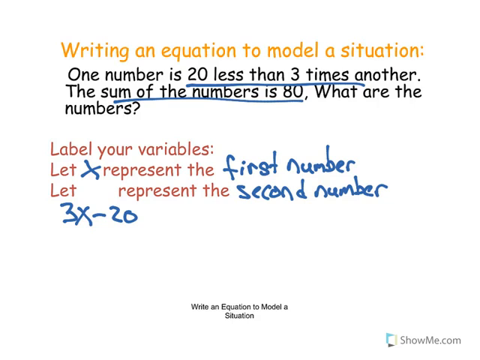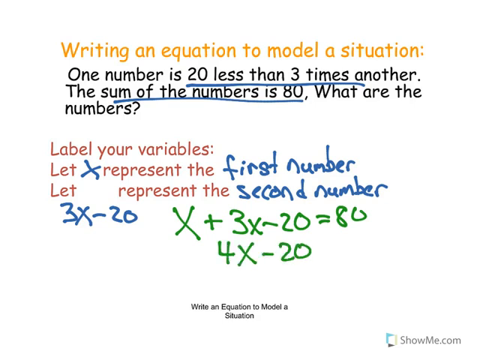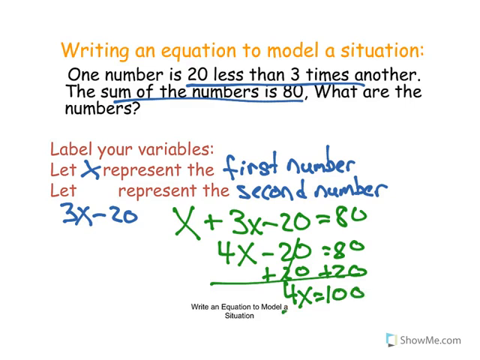So that part of the problem has been pretty consistent. The sum of x, added to the quantity 3x minus 20, is 80. Well, x plus 3x is 4x, which means 4x is equal to 100, which means x is 25.